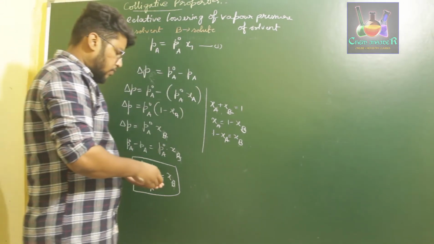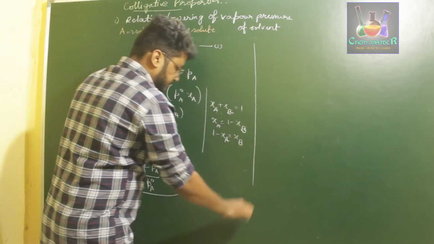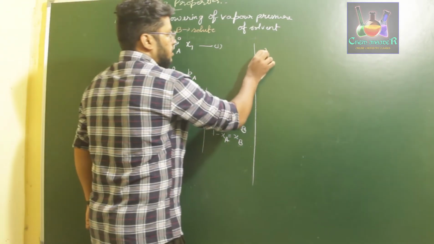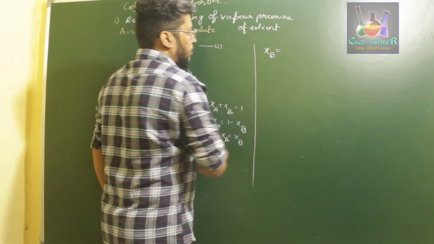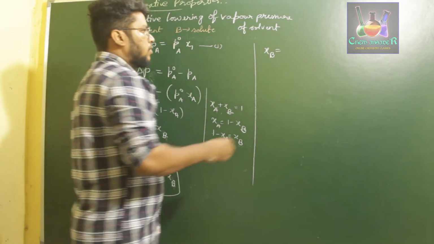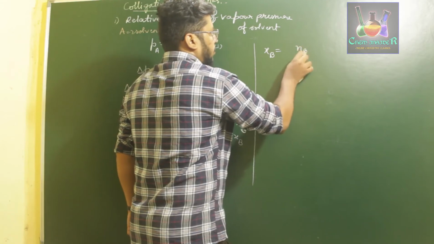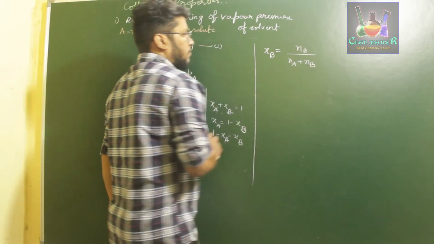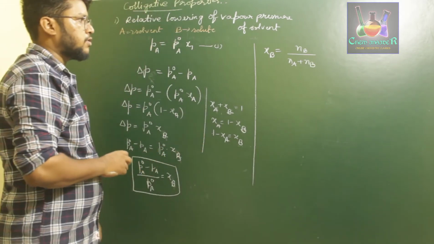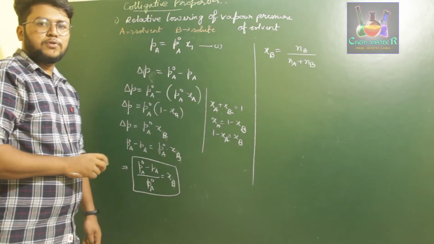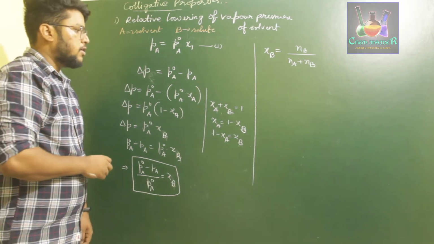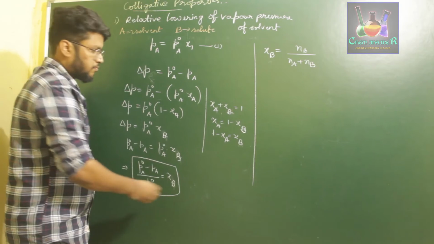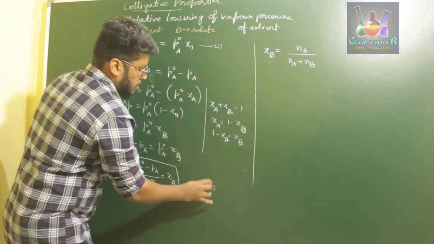Now if you observe XB, the mole fraction of a component is equal to the number of moles of that component divided by the total number of moles in the solution. XB is equal to the number of moles of B divided by the number of moles of A plus the number of moles of B. Let us say this is equation 2.